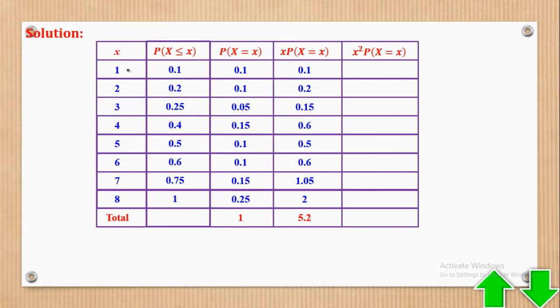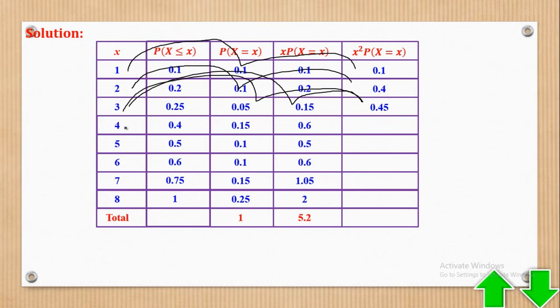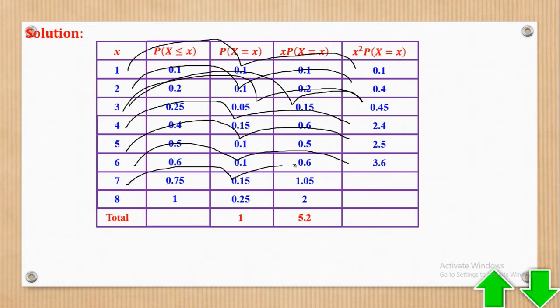So that one means that I say this squared multiplied by this to give you this, then this squared multiplied by this to give you that, and we continue the same way for each value.